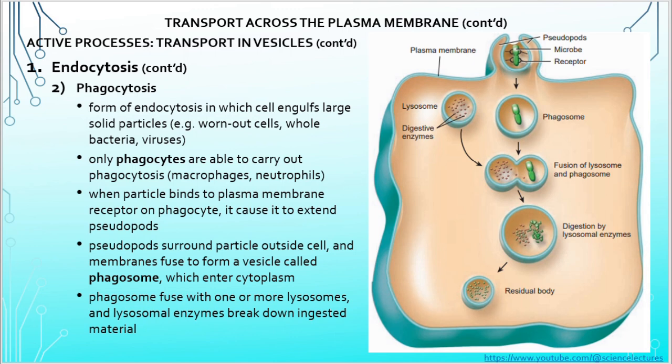The phagosome enters the cytoplasm and fuses with one or more lysosomes, and in the lysosome, the lysosomal enzymes break down the ingested material. In most cases, undigested materials in the phagosome remain indefinitely in a vesicle called the residual body.